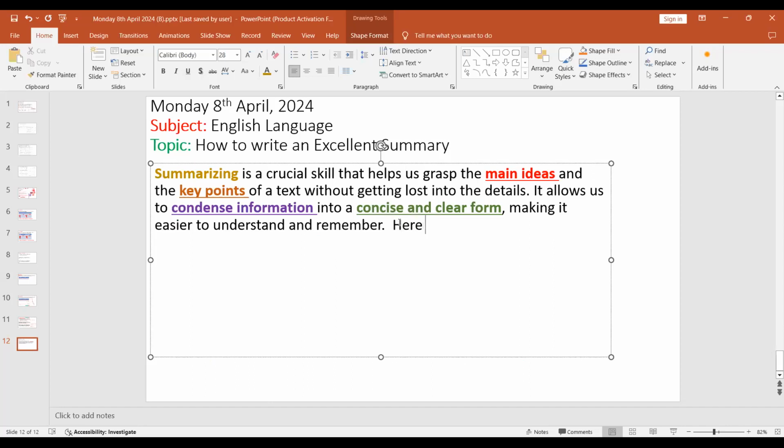So here are some tips or some steps in learning how to summarize effectively.